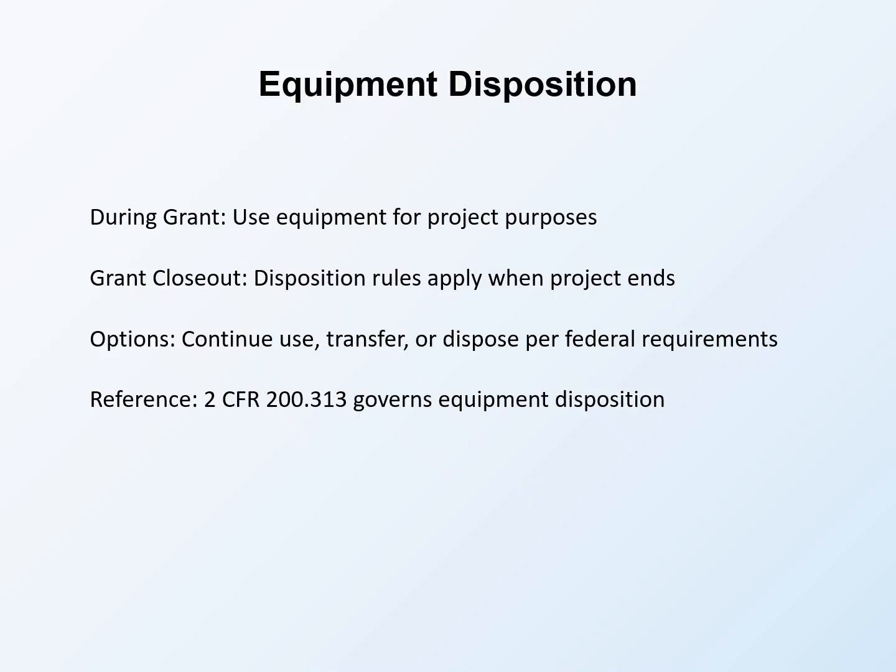The specific procedures depend on circumstances and award terms. 2 CFR 200.313 governs equipment disposition for federal grants. Review this regulation and your award terms to understand what procedures apply to equipment on your specific grant. Planning for eventual disposition helps you make appropriate decisions throughout the equipment's life.